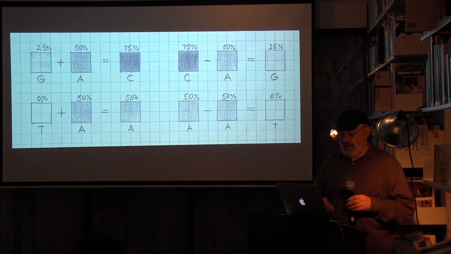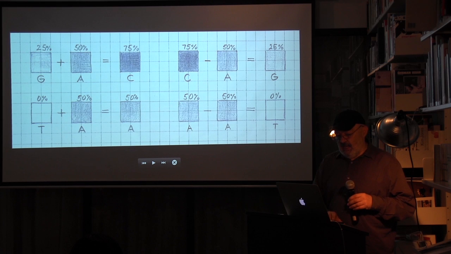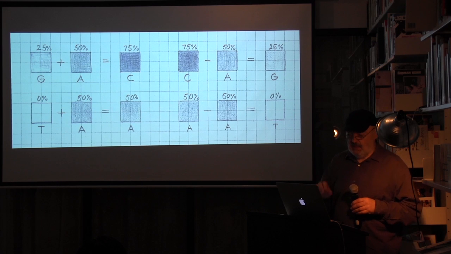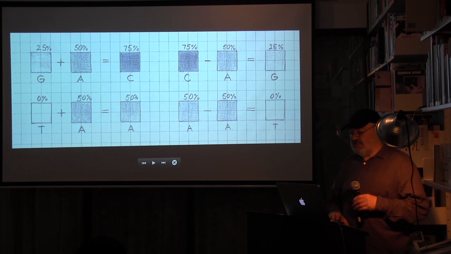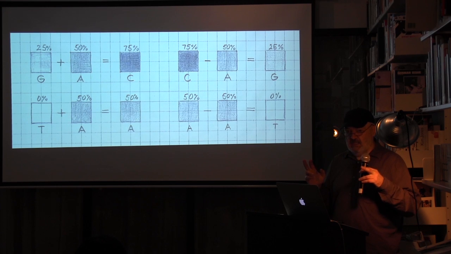If G and C are a base pair, the transaction from G to C is addition of 50%, which means addition of the symbolic value of adenine.